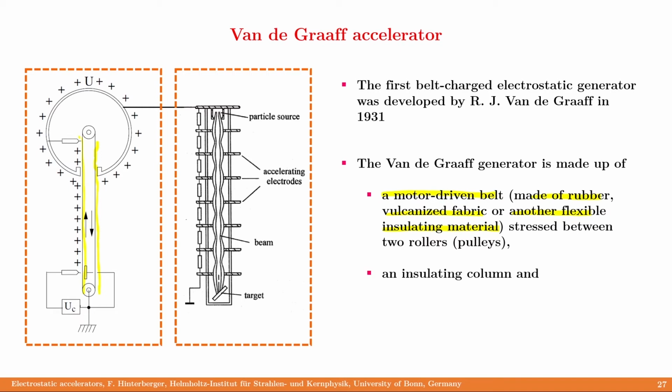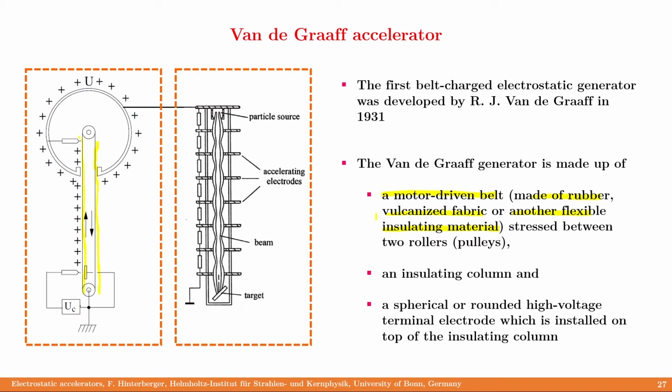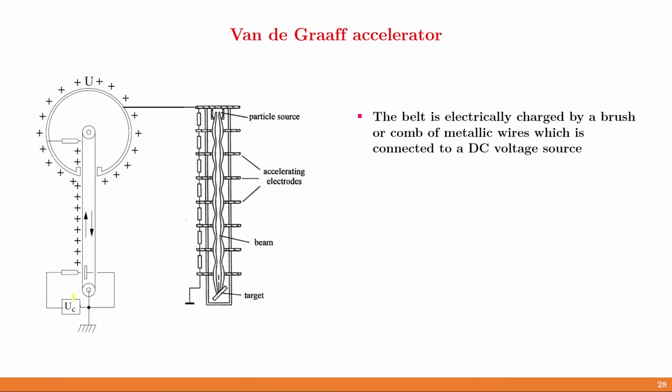And there is an insulating column and a spherical rounded high voltage terminal which is installed on top of the insulating column. The belt is electrically charged by a brush, as seen here, or a comb of metallic wires which is connected to a DC voltage source.